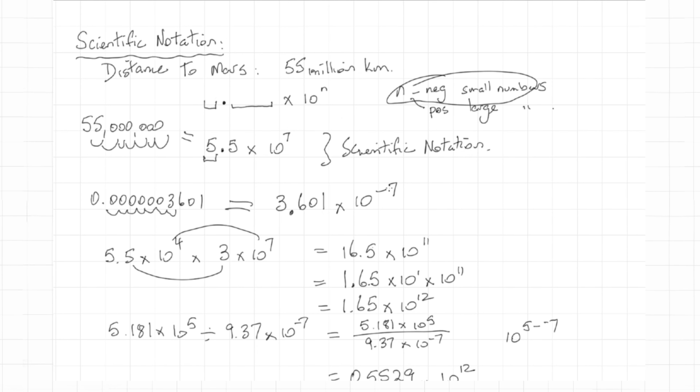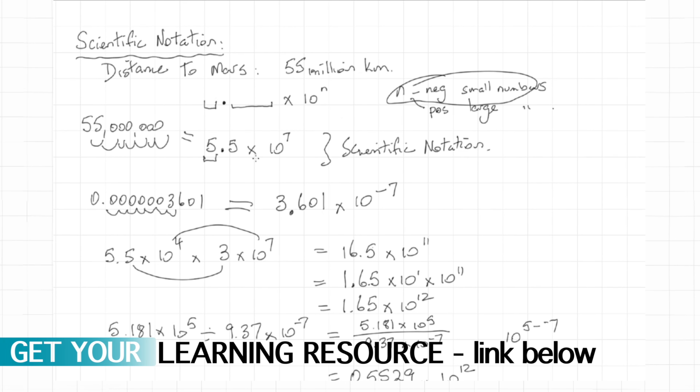And this number up here, this power, is how many places you have to move the decimal place. If this is negative 7, it means I've got to move that back this way 7 places to get there. If this is positive 7, I've got to move the decimal place 7 places that way, and that will give us that number there.